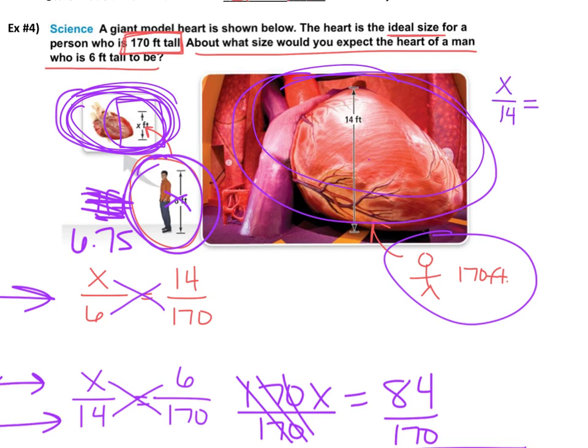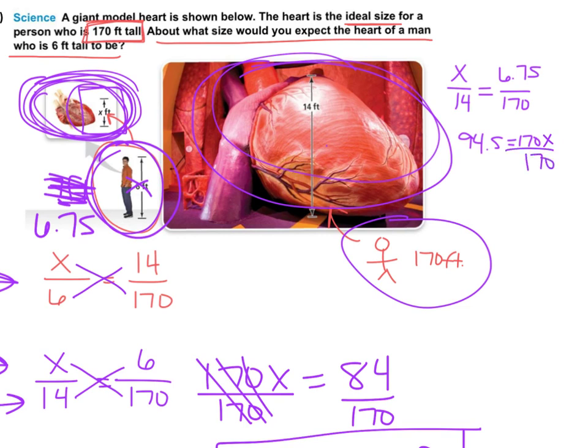Heart over heart equals Maylon 6.75 over Gigantor Man at 170. So you're going to go 14 times 6.75 is 94.5 equals 170x.